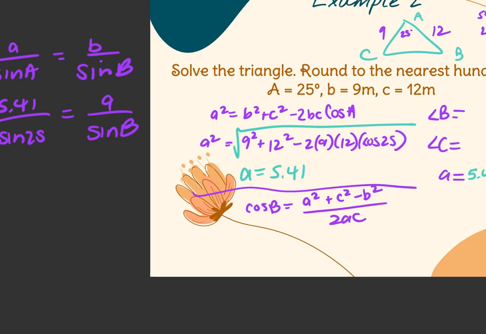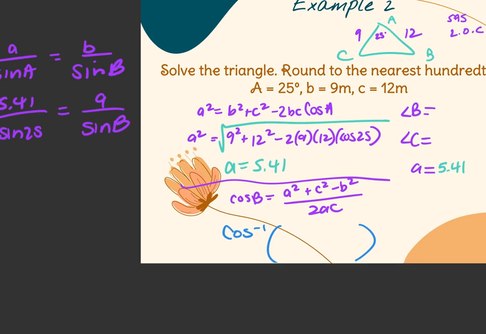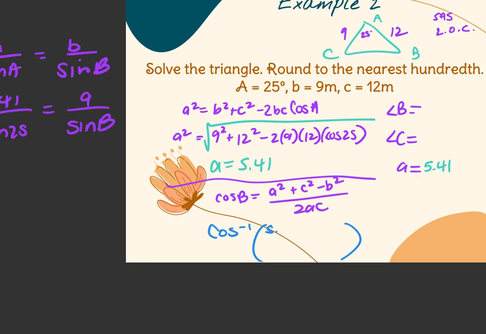So if I do the law of cosines one, I'm going to do cosine -1 of A squared, which is what we just found, 5.41 squared, plus C, which is 12 squared, minus B, which is 9 squared, over 2 times 5.41 times 12.